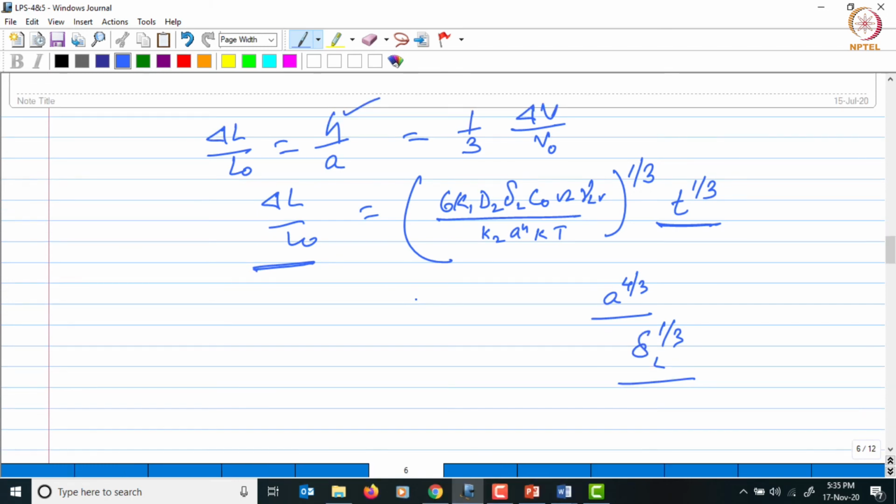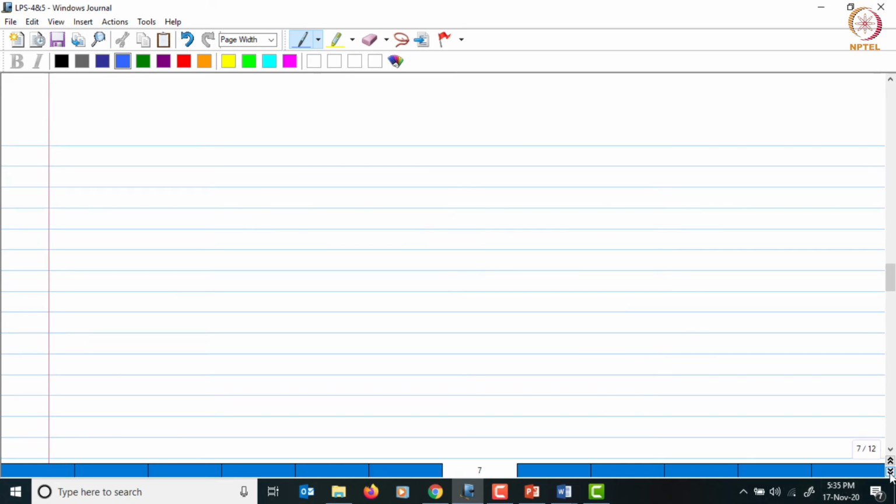But the mass transport rate can also be controlled by the interface reaction, which leads to dissolution of the solid into the liquid if it is slower. So for the interface controlled mechanism, following a similar approach, it can be shown that the delta L by L naught, that is the shrinkage, is given by the following equation.